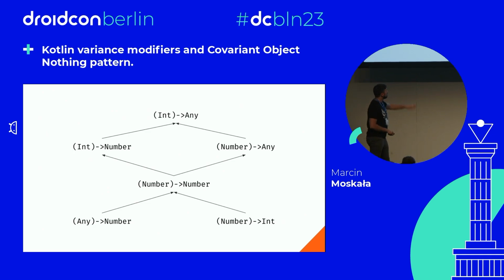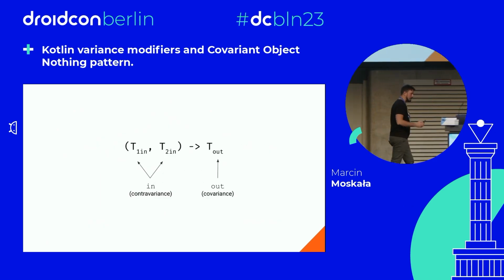If you start at the top and go slowly down into the types, you will see that you are going from a more specific into a less specific type. So from Int to Number to Any. And if you look at the result type, you go from the less specific type into a more specific one, like Any, Number, and Int.